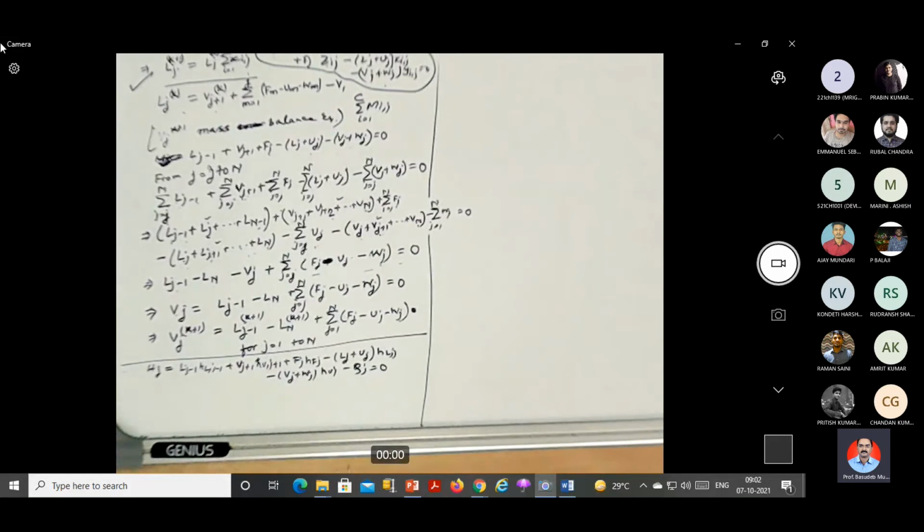So the energy balance equation for j equal to 1 to n we will use to modify temperatures for all the stages including condenser and reboiler, meaning T1 to Tn.